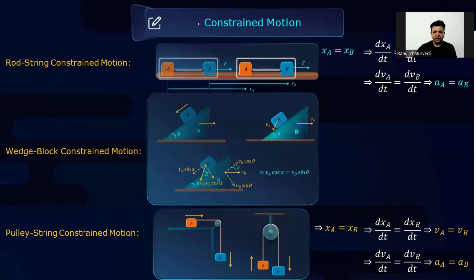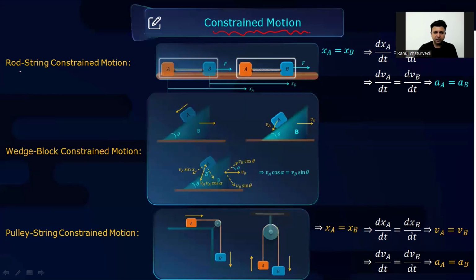Now, the next concept is constrained motion. So what is constrained motion? Constrained motion means a restriction of free motion of any block or any body in any direction. If the free motion of a block is restricted in a particular direction, that motion is known as constrained motion.